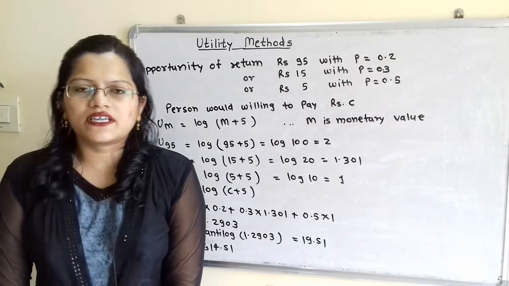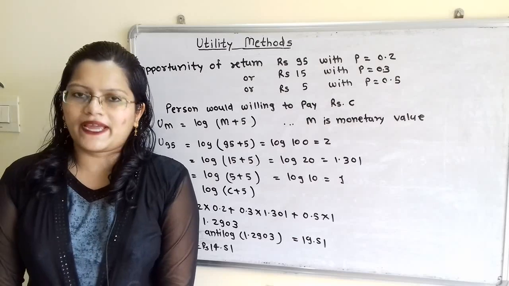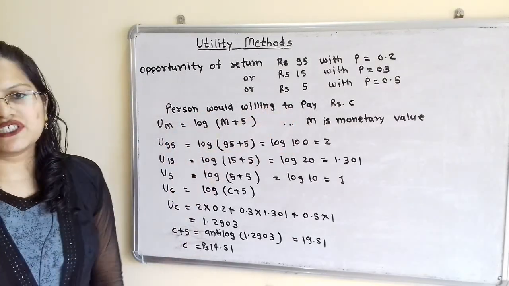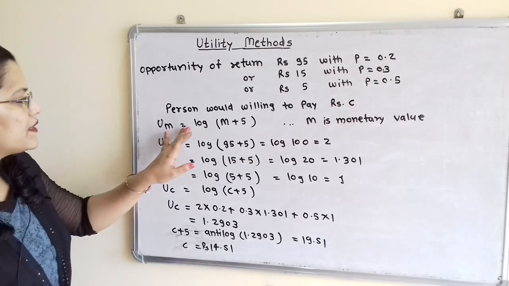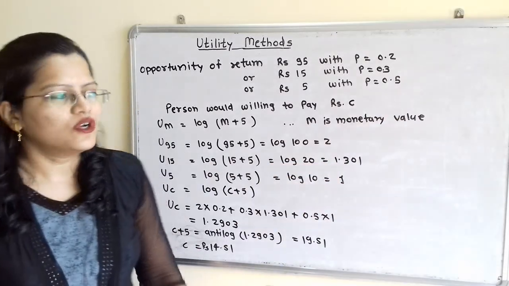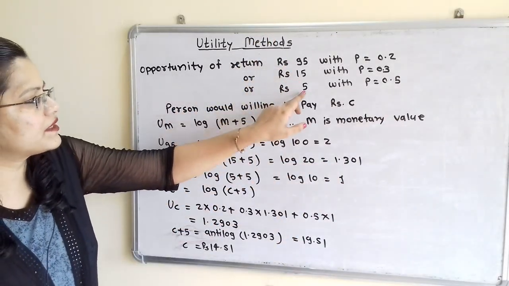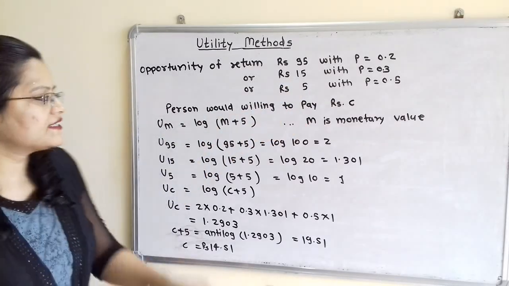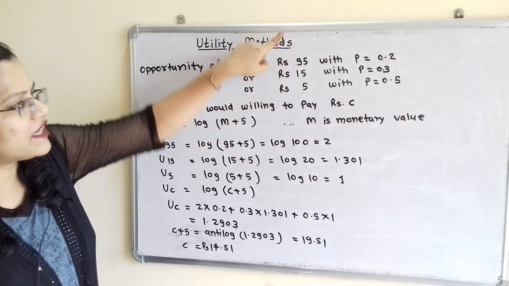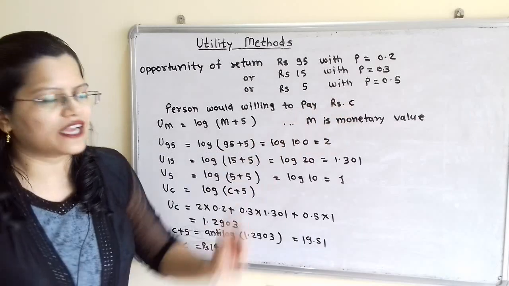Now for these given probabilities, we have to find out what amount we have to pay. The utility equation is also mentioned, U(m) is equal to log of m plus 5, where m is the monetary value. In this question there are three monetary values, 95, 15 and 5. Now we will decide the person would be willing to pay rupees C. That means there are four monetary values, 95, 15, 5, and the value of C that we have to find out.